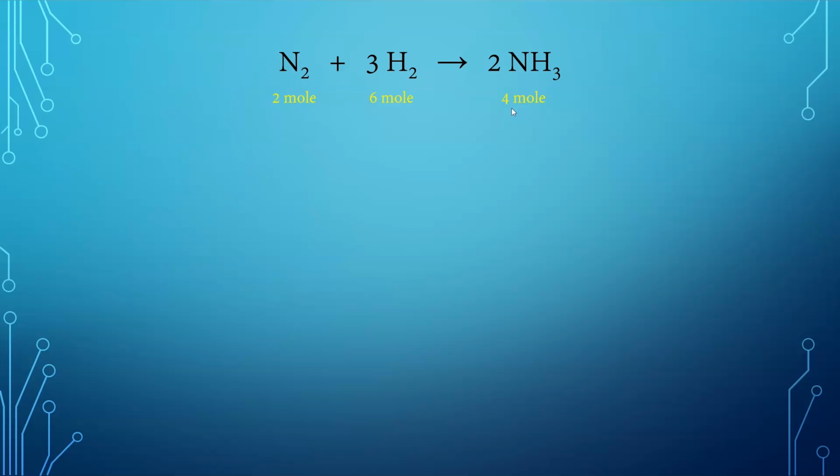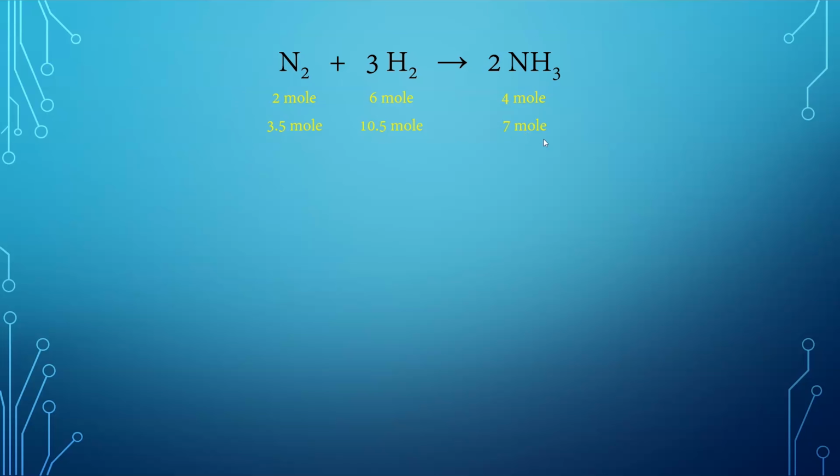As I've said in the past, chemical equations are very much like recipes. In the same way you can double or triple a recipe, you can do the same thing with the balanced chemical equation. We could make the nitrogen 3.5 times larger, and we would simply do the same thing with the hydrogen and the same thing with the ammonia.